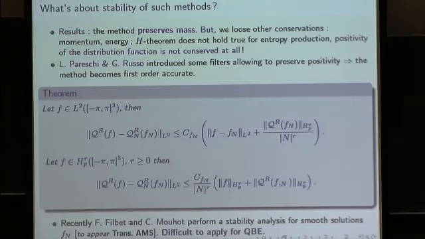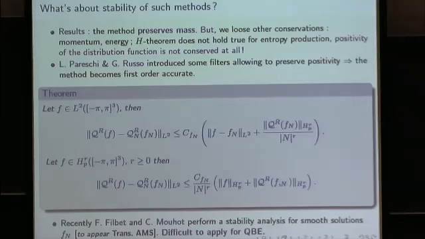Moreover, if you start with an initial data which is non-negative, the distribution function remains non-negative for all time. Actually, we lose all these properties for the quantum Boltzmann equation and for the approximation of the Boltzmann equation using the spectral method.